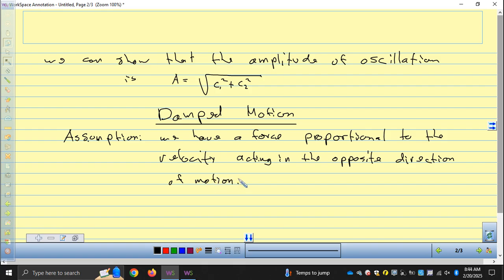So that could be friction. We could assume that the friction is proportional to the velocity. It could be some kind of self-friction inside the spring that is acting against the motion.